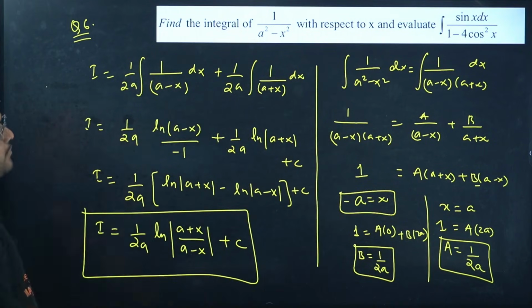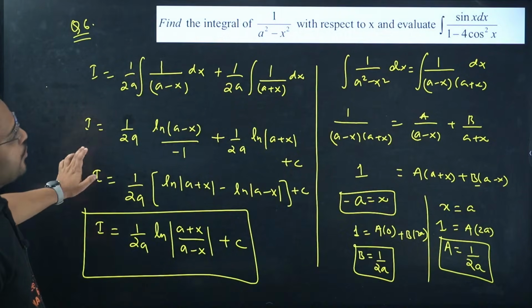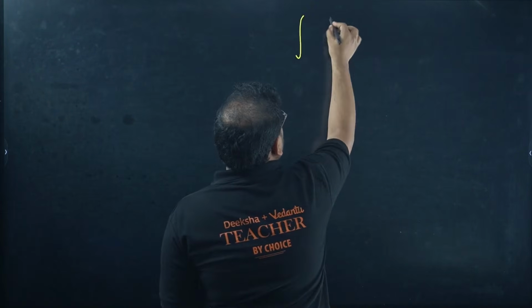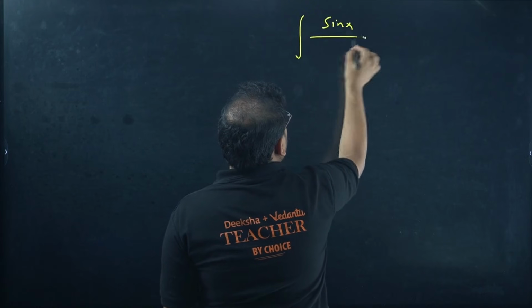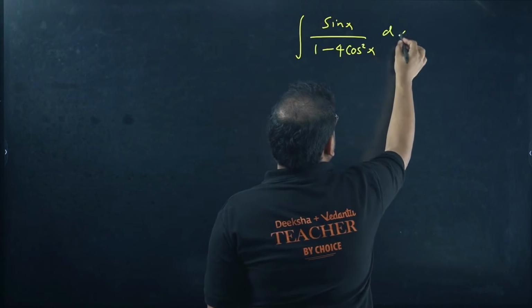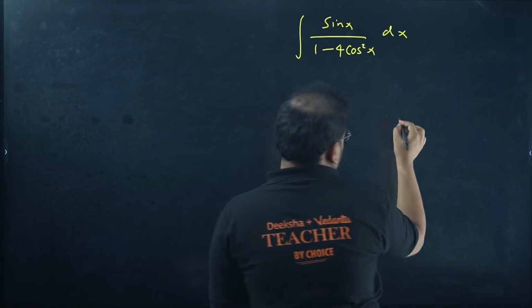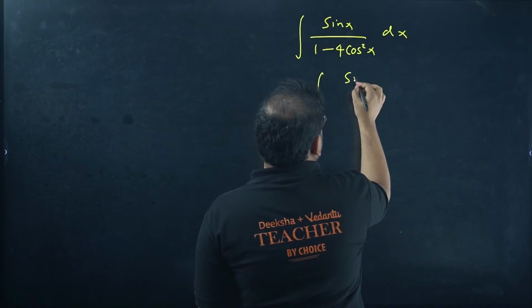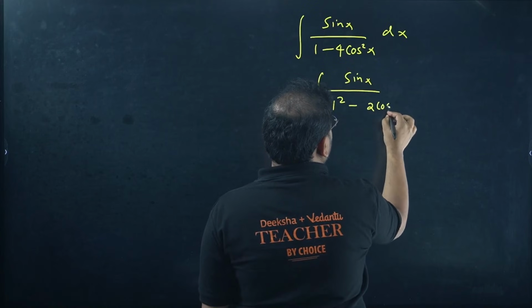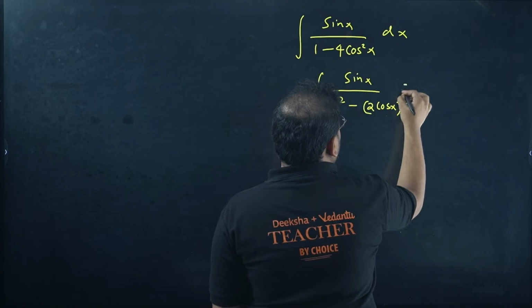Next is the second part, sin x upon 1 minus 4 cos square x. Next is what? Integration of sin x upon 1 minus 4 cos square x dx. Okay, now in this, write it like this: sin x upon 1 square minus 2 cos x the whole square dx.